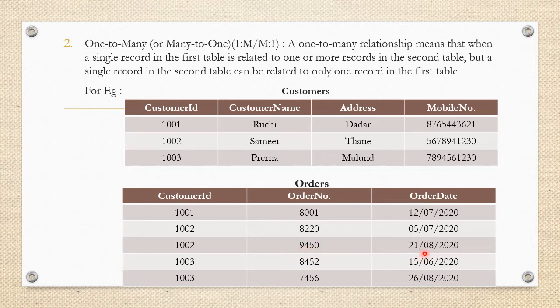Then order date is 21/8/2020. जुलाई 5th जुलाई को ऑर्डर किया है और दूसरा जो ऑर्डर उसने किया है वो कब किया है, 21 अगस्त को. Okay, then 1003 order number is 8452 and similarly 1003 is also ordering 2 times.